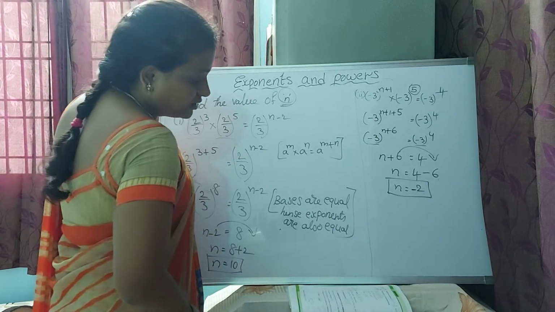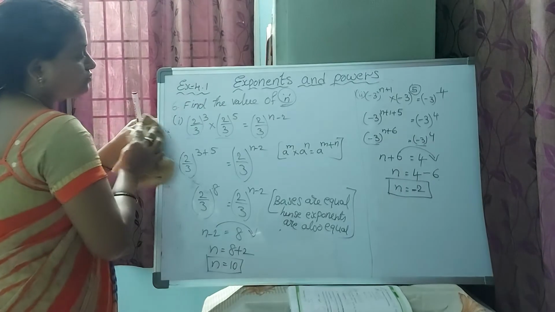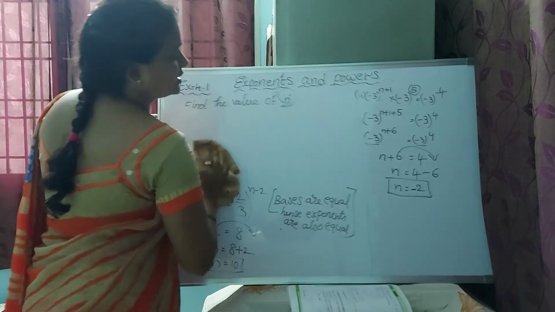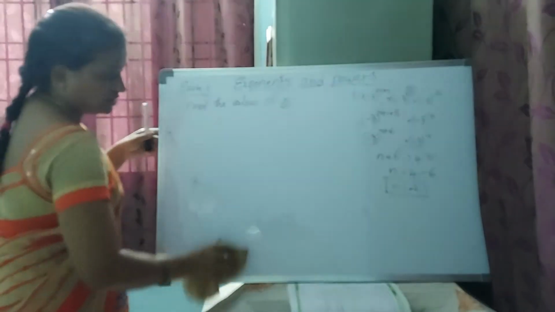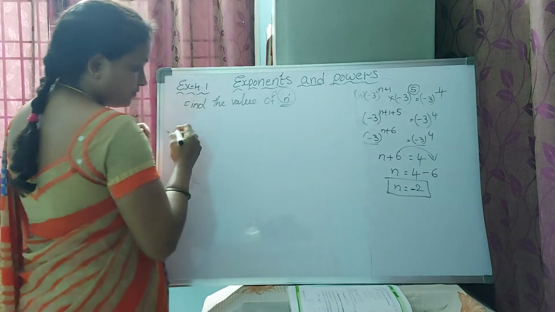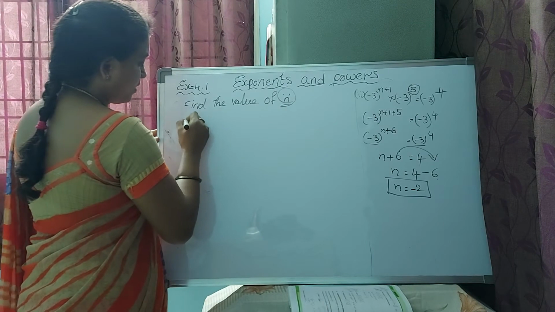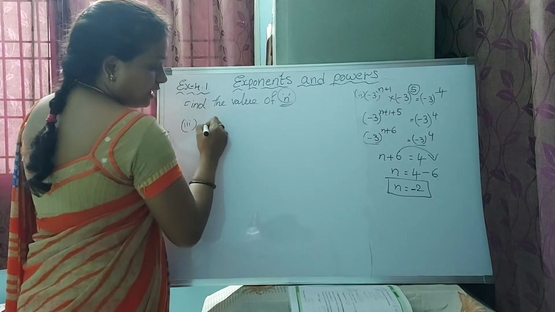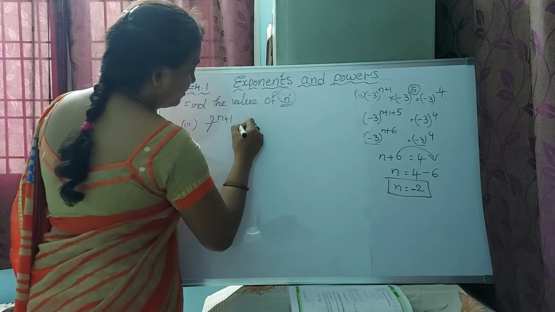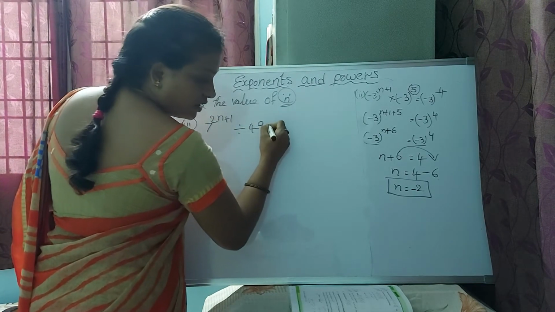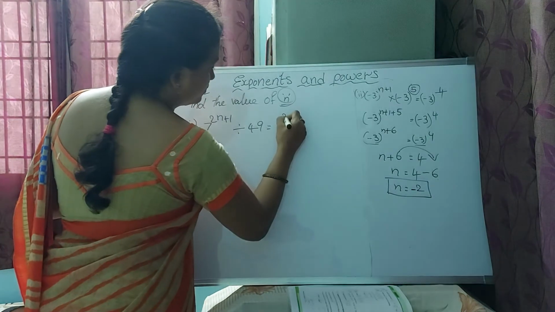So the third one, same like that only. We have the third one also. See here: 7^(2n+1) divided by 49 is equal to 7^3.